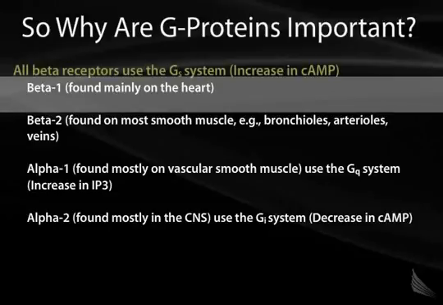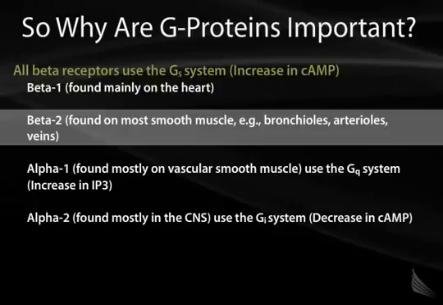Beta 1 receptors, which are found mostly in the heart, and beta 2 receptors, as we've discussed, found on smooth muscle in the arterioles, bronchioles, and to a certain degree in veins, are all driven by cyclic AMP, which is coupled to the G sub S system.